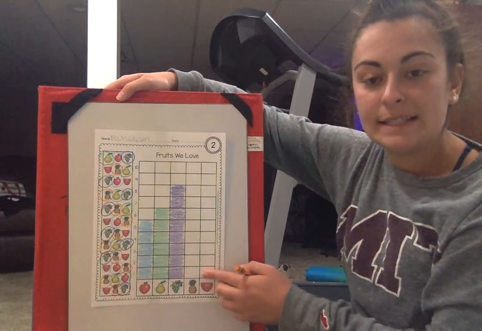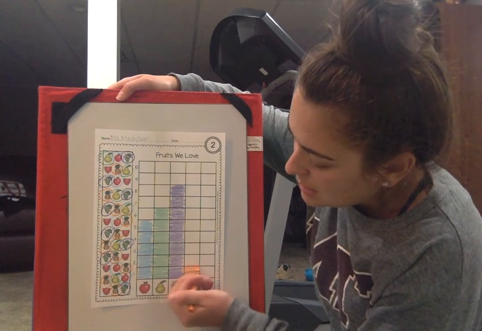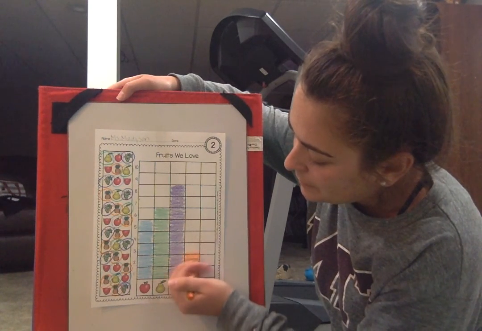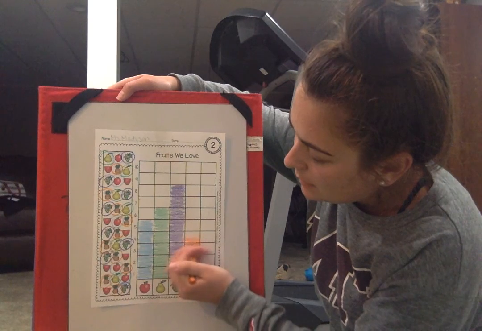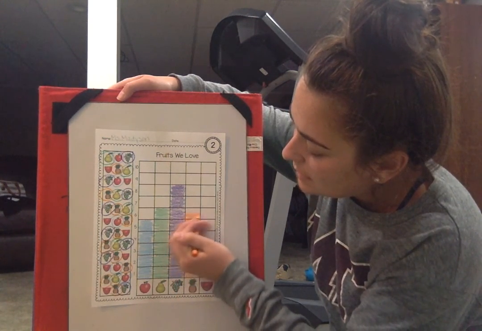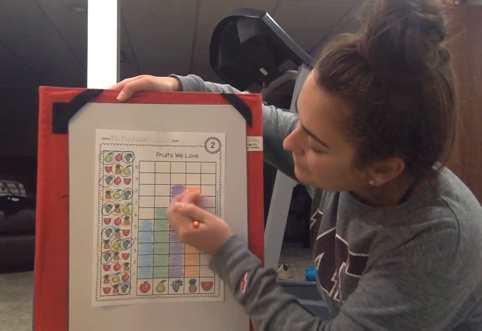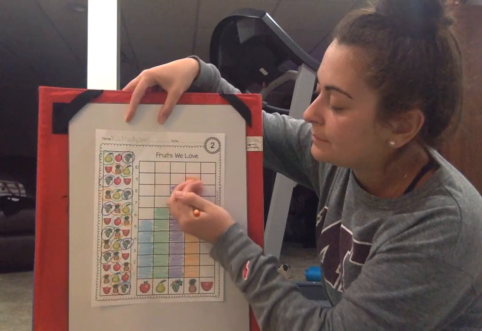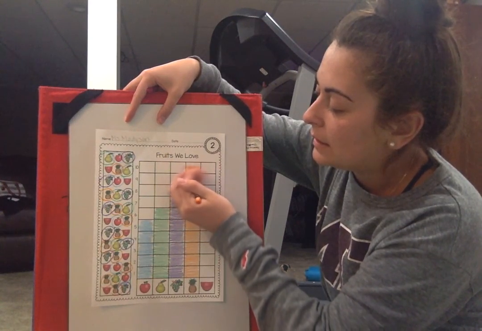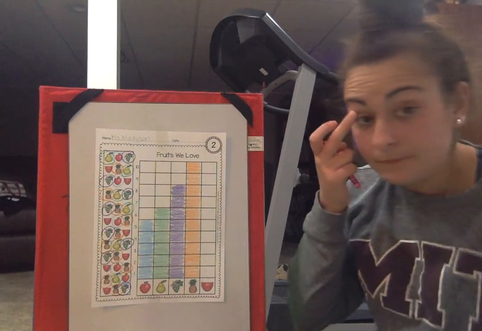So we are going to color in 10 squares on our graph. So 1, 2, 3, 4, 5, 6, 7, 8, 9, 10. Great, and what is our last fruit to graph?